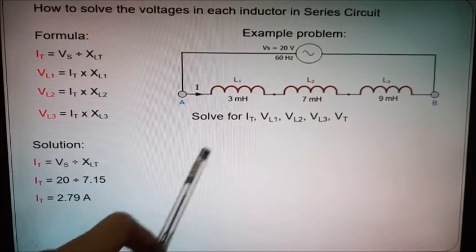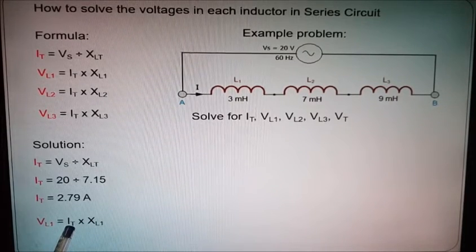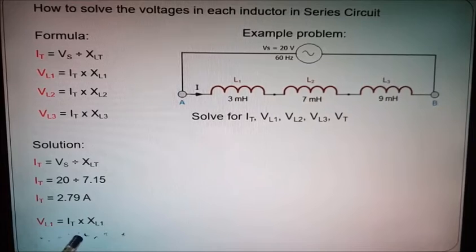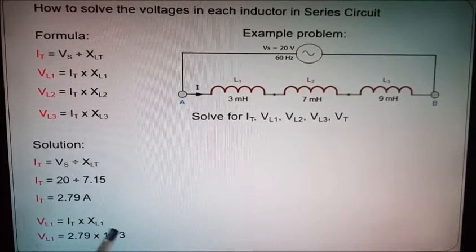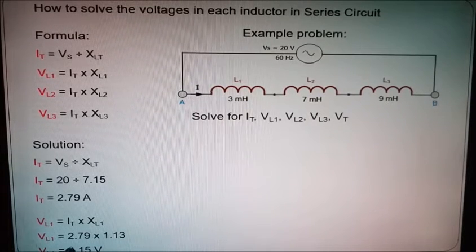Next, we're going to solve for the voltage of L1. VL1 is equal to IT times XL1. Substitute the value of IT, which is 2.79, times 1.13, the XL1 that we answered before. So 2.79 times 1.13 is equal to 3.15 volts.